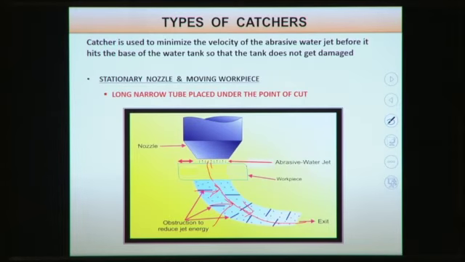Because it is hit by these individual blades, its velocity will be reduced.